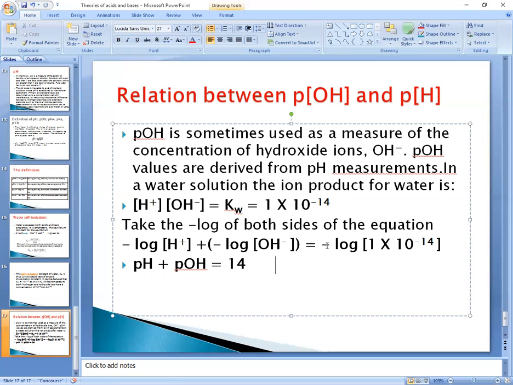The power we bring forward, so minus into minus 14 into log of 10. So log of 10 is equal to 1.